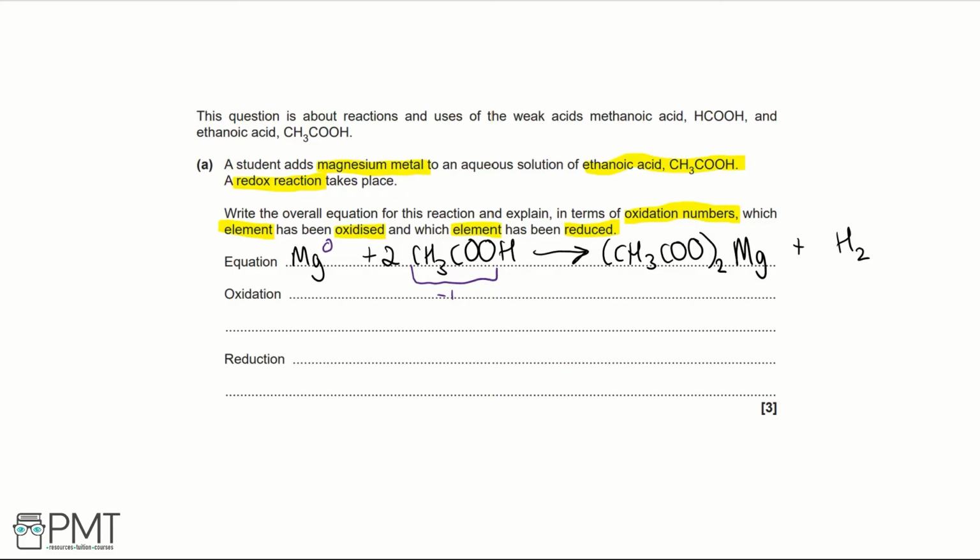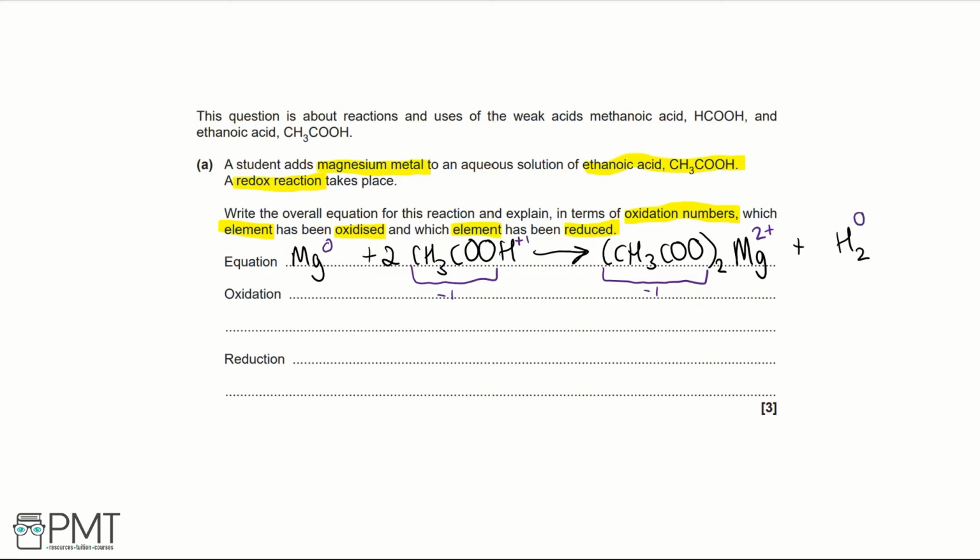So that means for it to have an overall charge of 0, hydrogen will have a +1 oxidation number. So again, this ion has a -1 oxidation number, and there are 2 of them, so that's effectively -2. So magnesium must have a 2+ oxidation number in order for this to be 0. And then hydrogen, it's another element on its own, so it's going to have an oxidation number of 0.